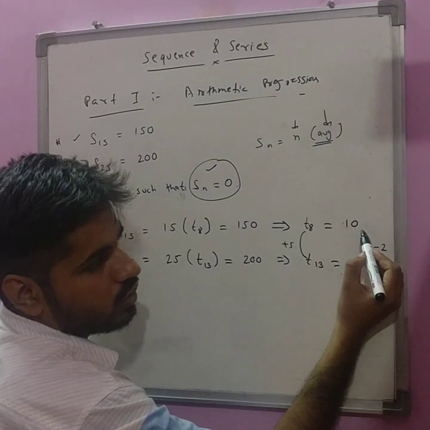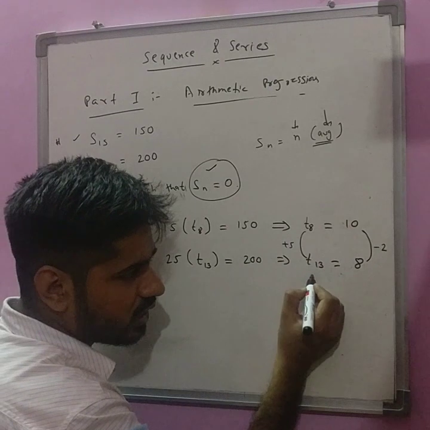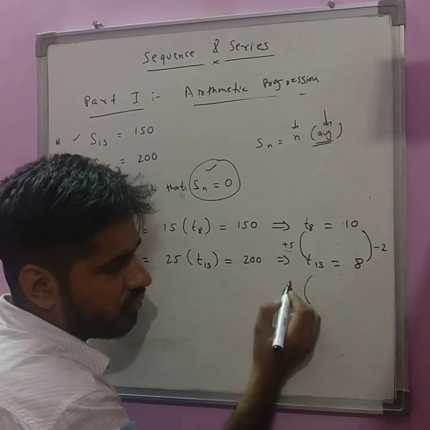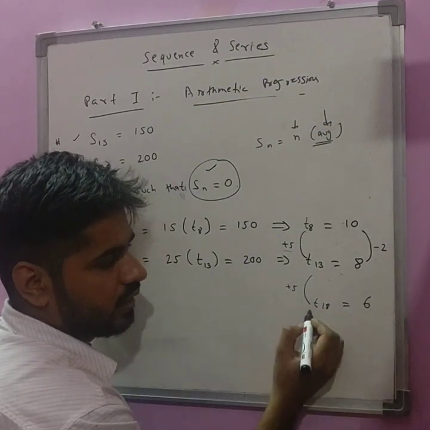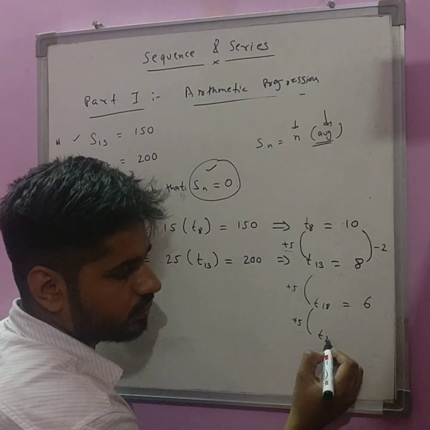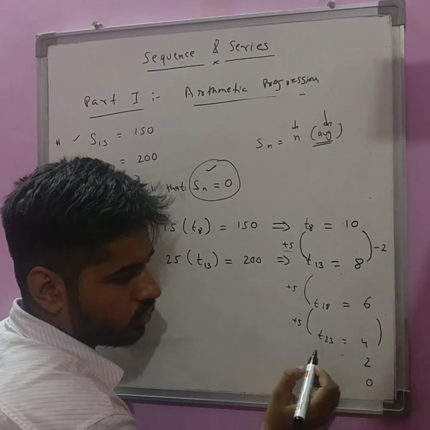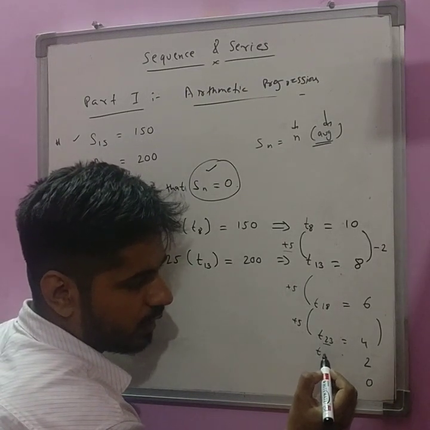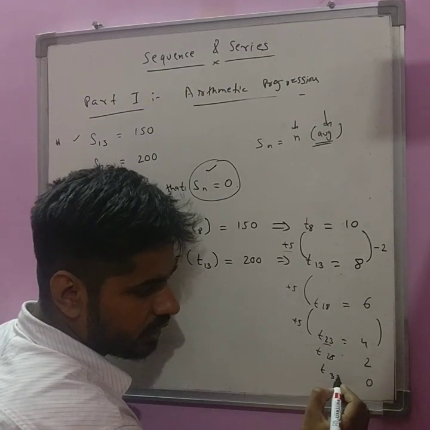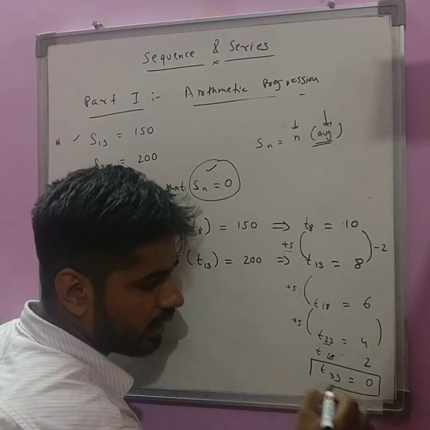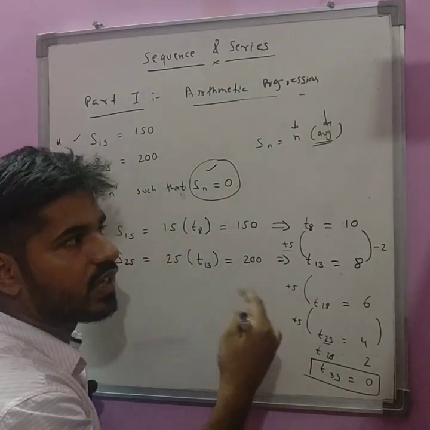If I look, there is a decrease of 2 for every 5 terms, right? So for the next 5 terms, T18, the value would be 6. For another 5, the value would be 4, then 2, then 0. So the term T33 is 0, and we can conclude that the 33rd term is the middle term.